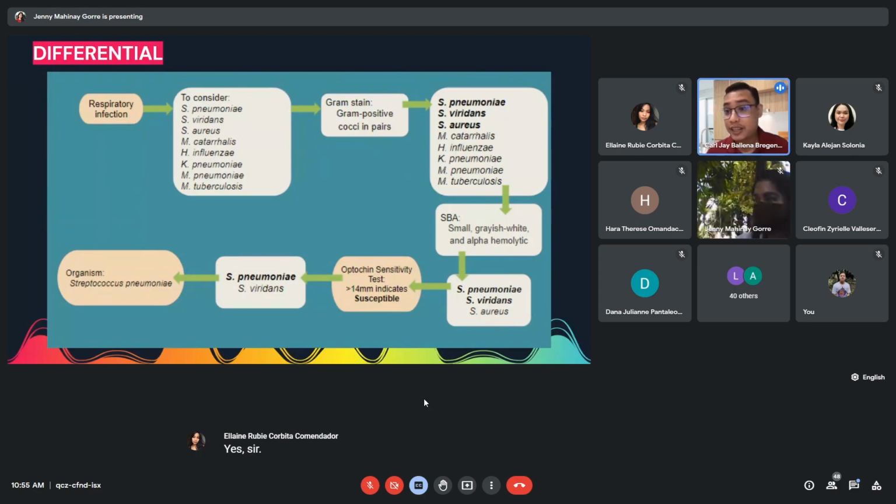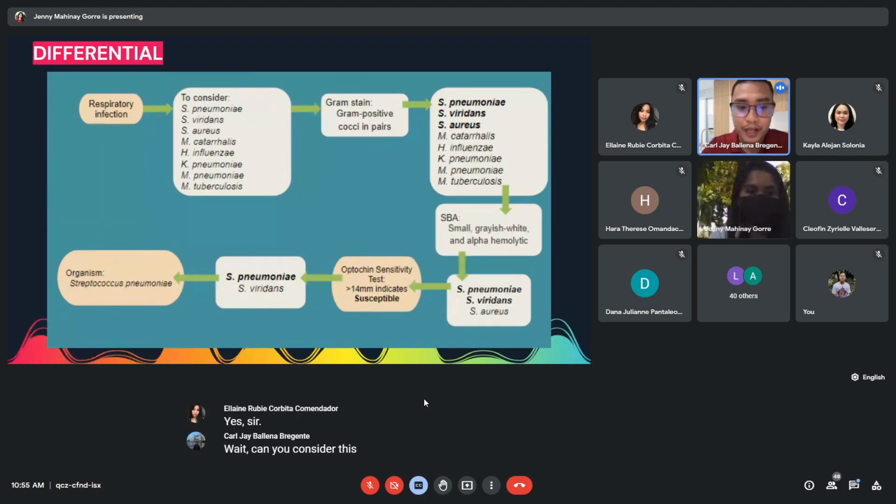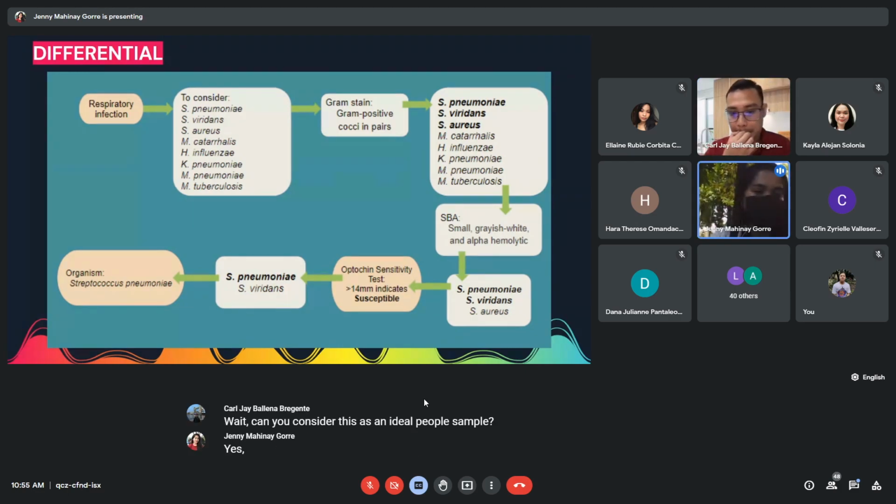Can you consider this as an ideal sputum sample? Yes, sir. It's ideal, sir.